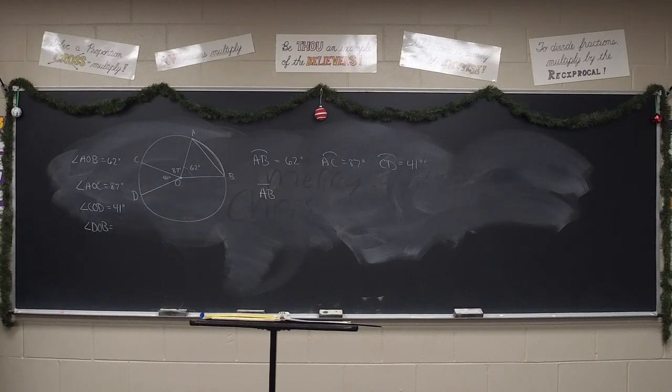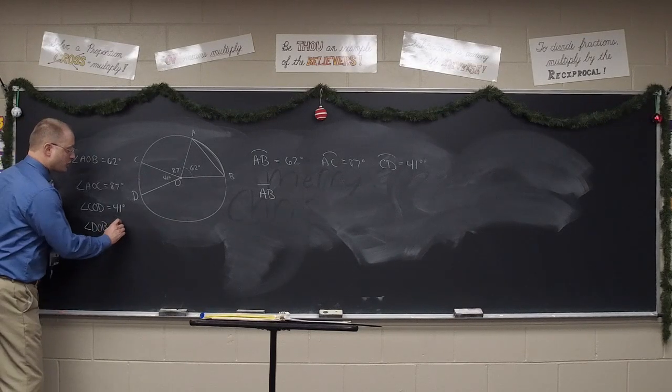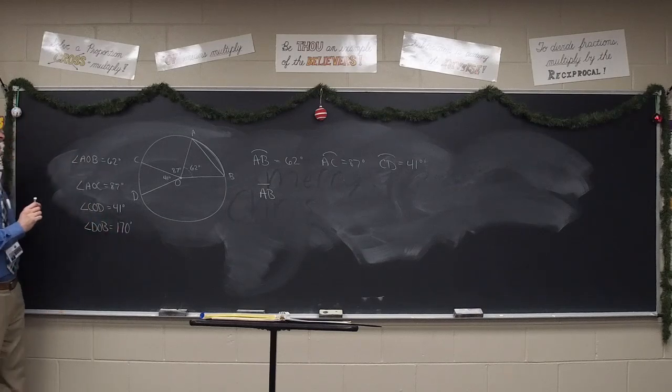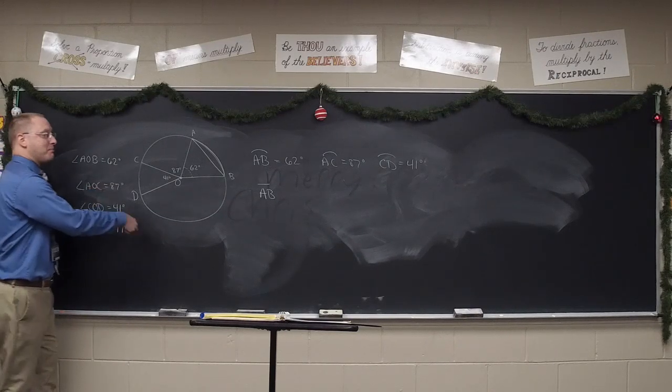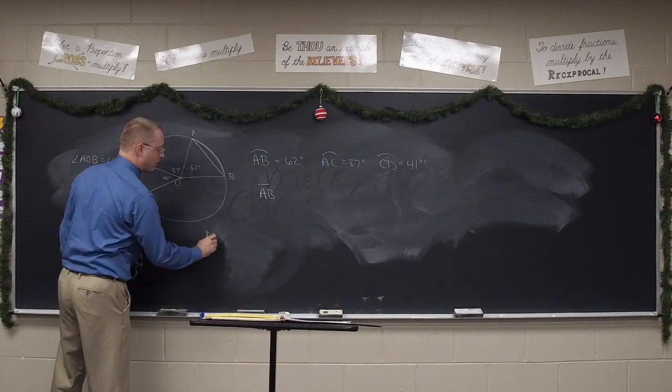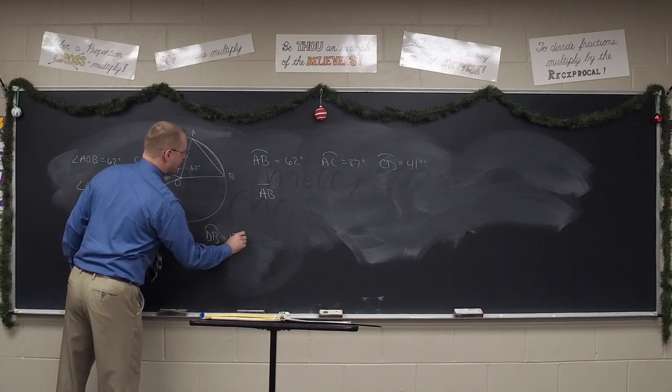Call it out when you've got it, class. 170? Yes, 170 degrees is angle DOB, which means that arc DB, then, class, is also 170 degrees.